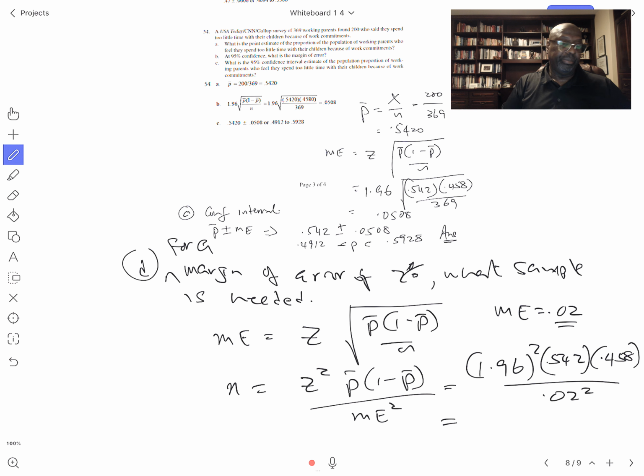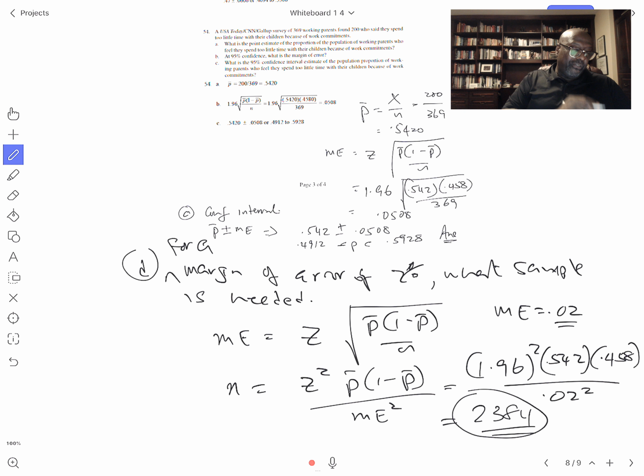That's huge. So to get down to a 2% level of precision, I need, when I compute that, 2,384 parents to participate in this study.